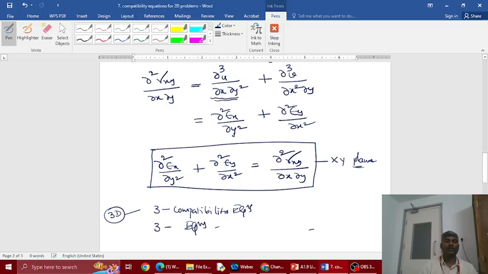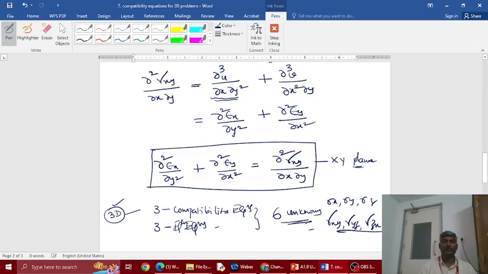Which means you can solve six unknowns in a three-dimensional problem. The six unknowns are sigma x, sigma y, sigma z, and gamma xy, yz, and zx.